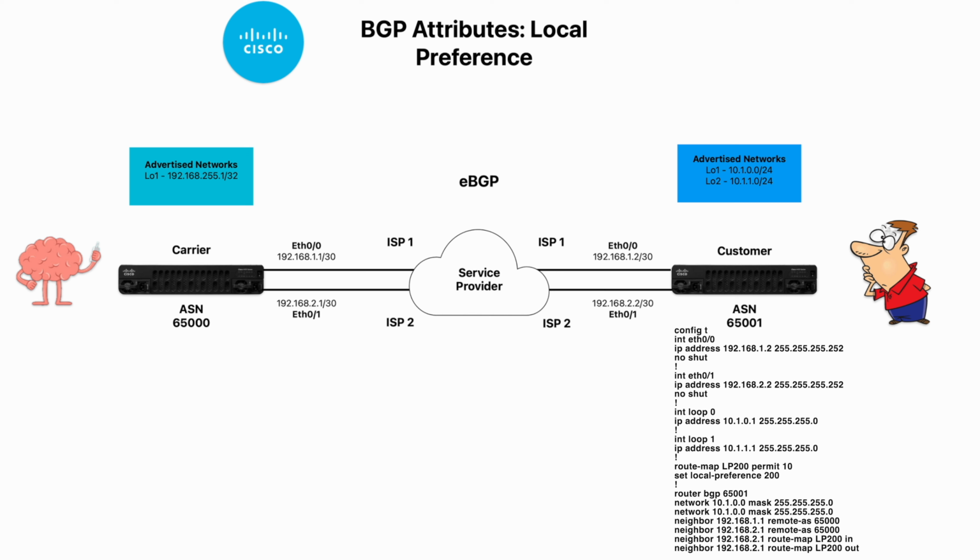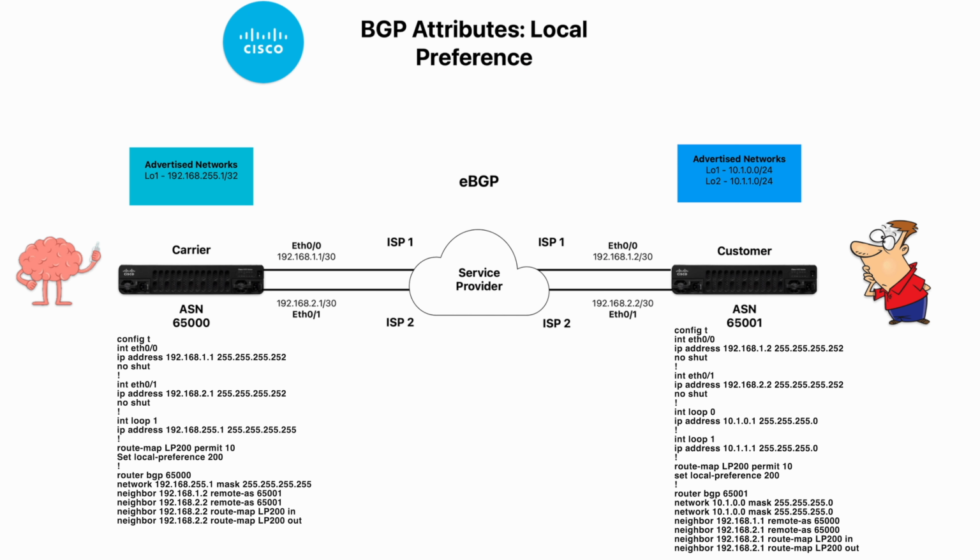We're going to configure the route map, which is going to set the local preference of 200, and also the routing protocol BGP. On the left, we're going to do exactly the same thing on the carrier router: configuring the WAN interfaces, the loopback interface acting as the local LAN, the route map setting the local preference of 200, and the BGP routing protocol.